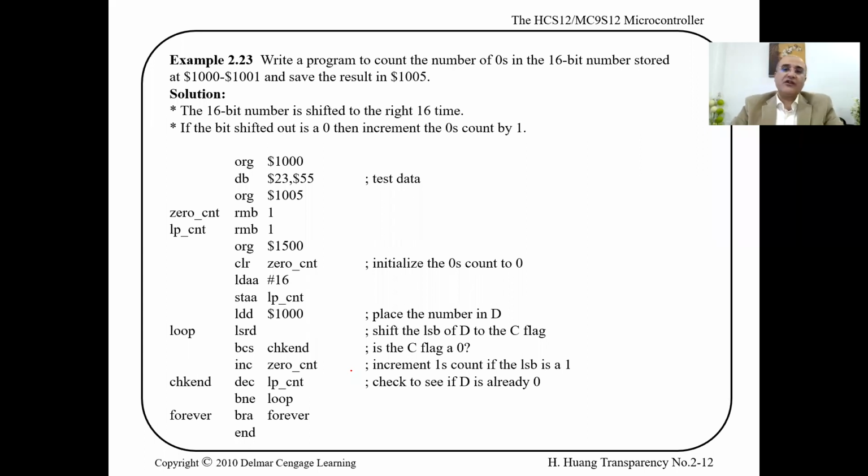Write a program to count the number of zeros in the 16-bit number stored in memory. And without looking here, what would you do to count the number of zeros in a 16-bit number in memory?